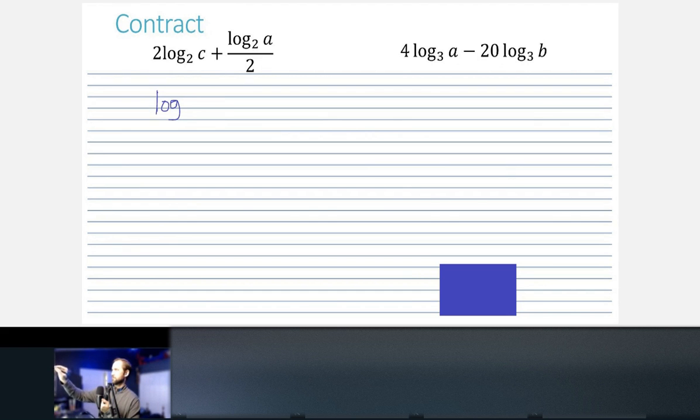Log base 2 c squared. And then everyone move the 1/2 to the exponent. Is that right? Yeah. If you miss this part right here and bringing this out in front as a 1/2, you probably got stuck or didn't really know how to deal with that 2.